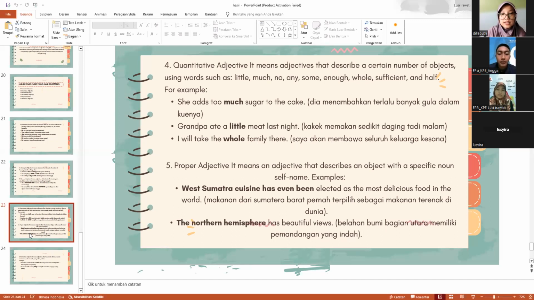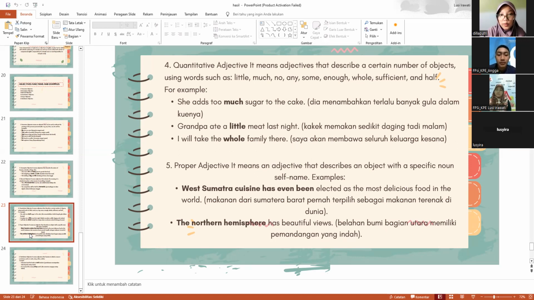Example, she adds too much sugar to the cake. Dia menambahkan terlalu banyak gula dalam kuenya. Grandpa ate a little meat last night. Kakek memakan sedikit daging tadi malam. I will take the whole family there. Saya akan membawa seluruh keluarga ke sana.